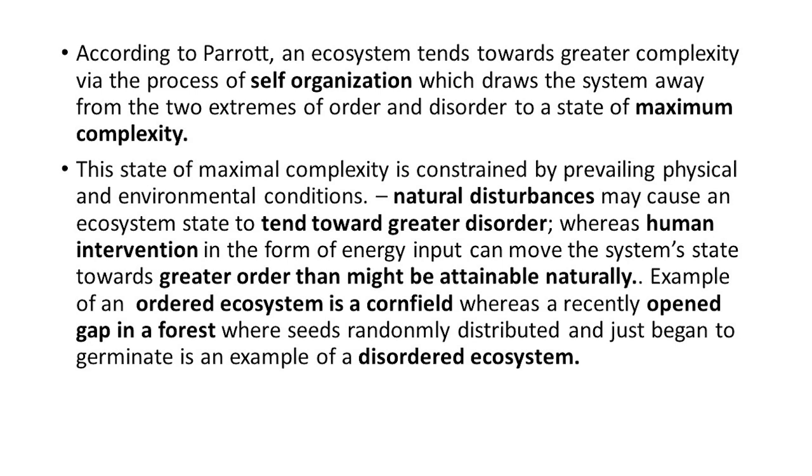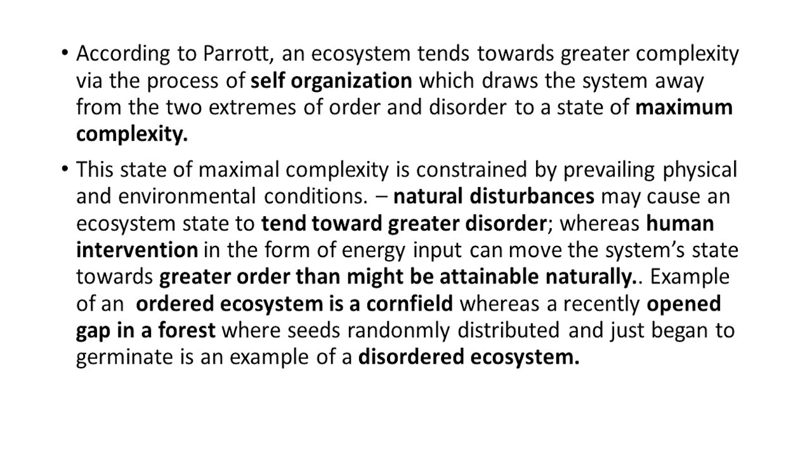Natural disturbances may cause an ecosystem state to tend towards greater disorder, whereas human intervention in the form of energy input can move the system state to greater order than might be attained naturally.